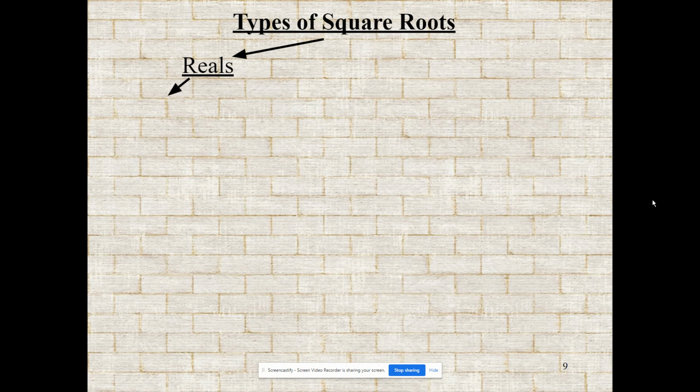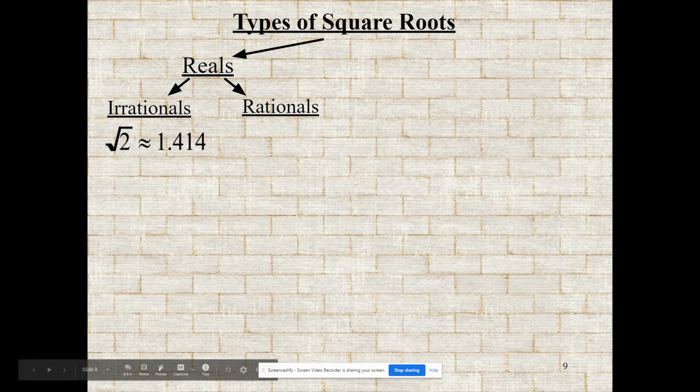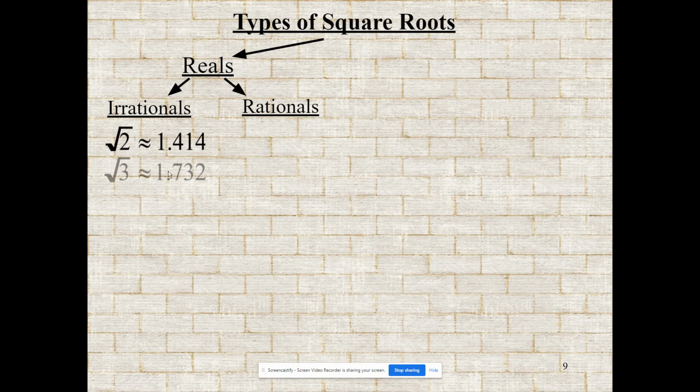And we're going to break that into 2 categories, irrationals and, of course, rationals. Now, here's some examples of an irrational square root. The square root of 2 is 1.414, roughly, not quite exact. So that is an irrational number.